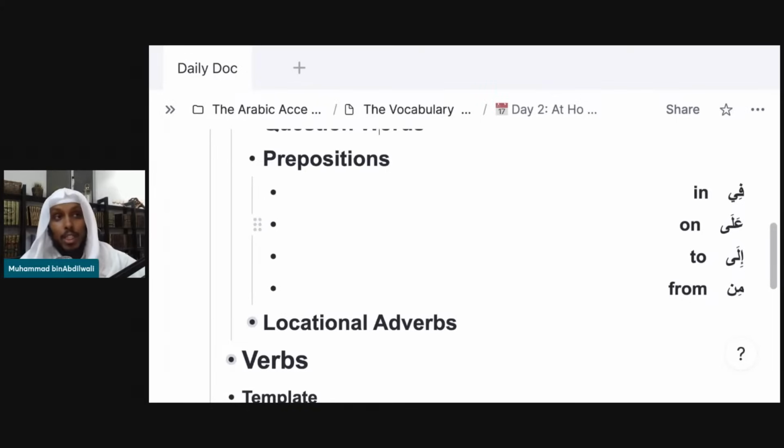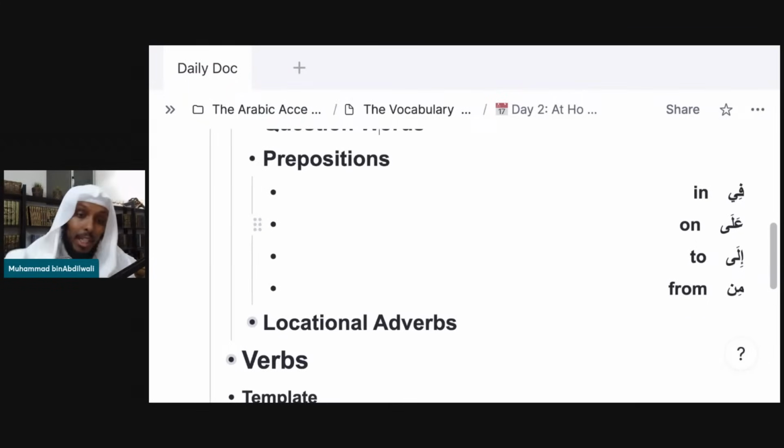So إلى is the goal, is the destination, whereas min is the starting point. So you would say, for example, أخرج من بيتي إلى المسجد. أخرج, which means to leave, من بيتي, from my house. That's the starting point. إلى المسجد, to the mosque.